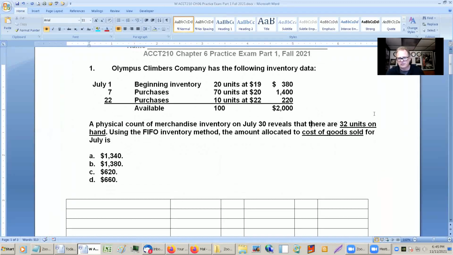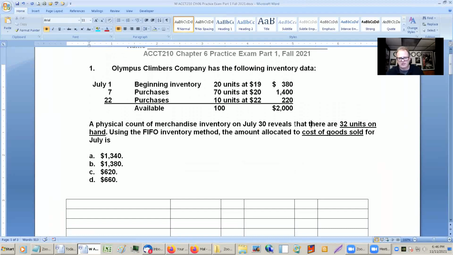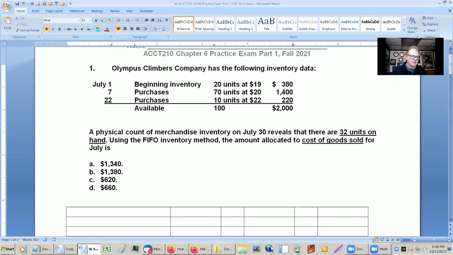Let's take this first one. It says that it reveals that there are 32 units on hand. So they did an inventory and there's still 32 units. Were those units sold or are those in ending inventory? Those are in the inventory. The ones that are on hand are the units in ending inventory.